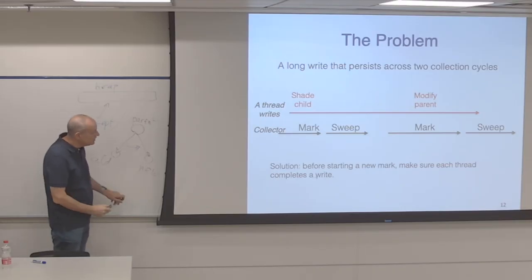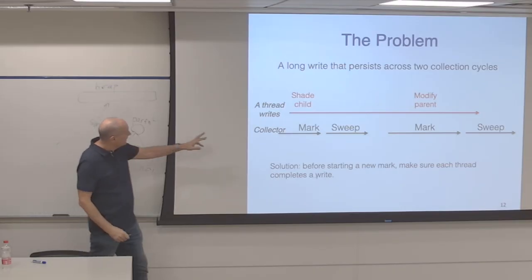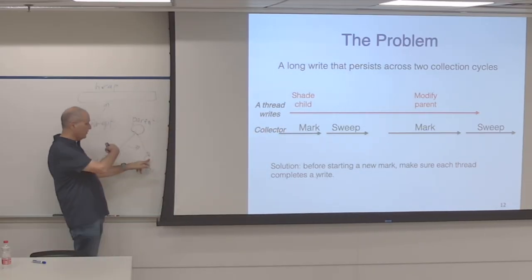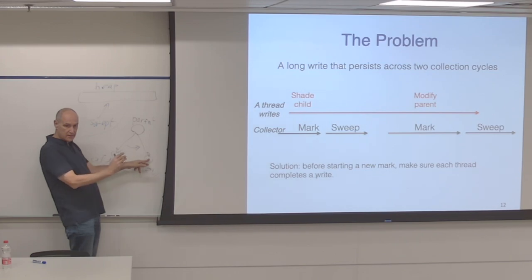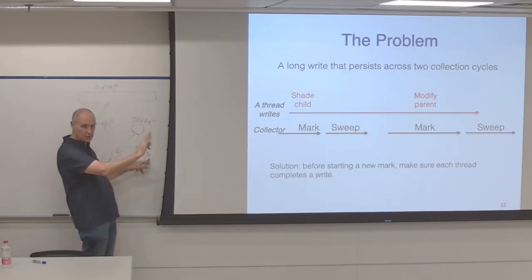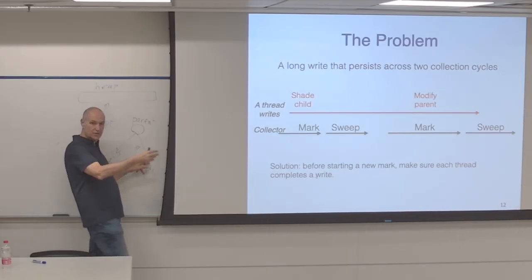And so this shading: if I shade the child before I make the change, then this gray color may be lost if the garbage collection moves to a new phase.